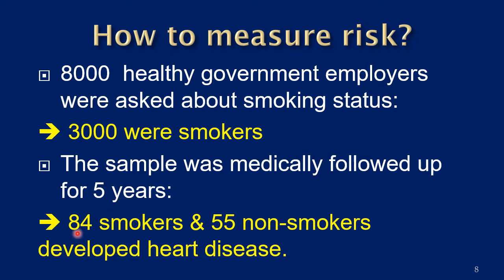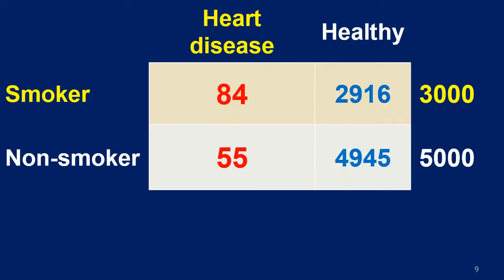After that, we get 84 smokers and 55 non-smokers who developed heart disease. The next step, we will plot the numbers from the problem on the 2 by 2 table, as you can see here.